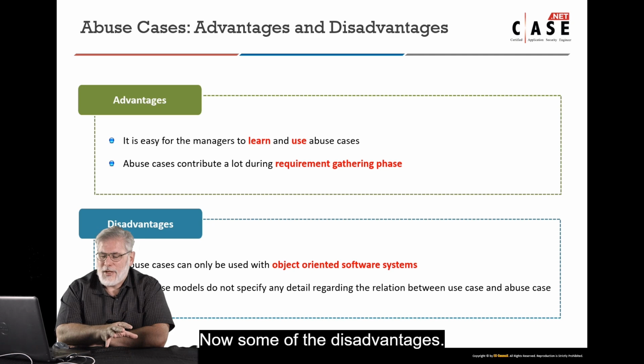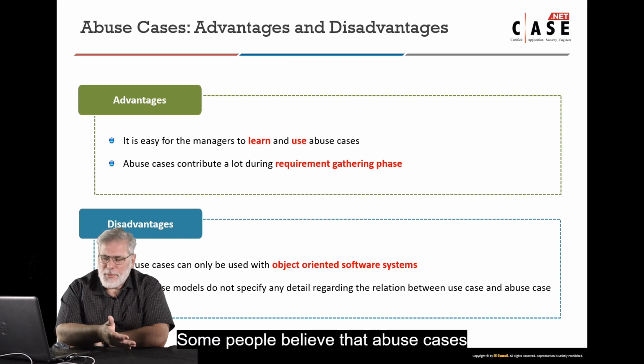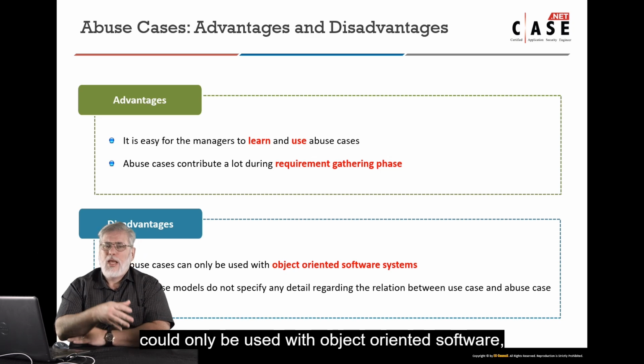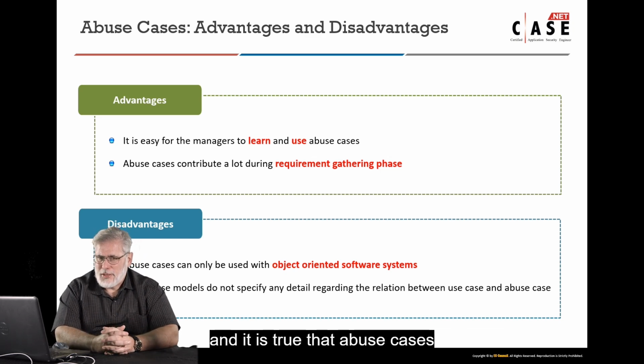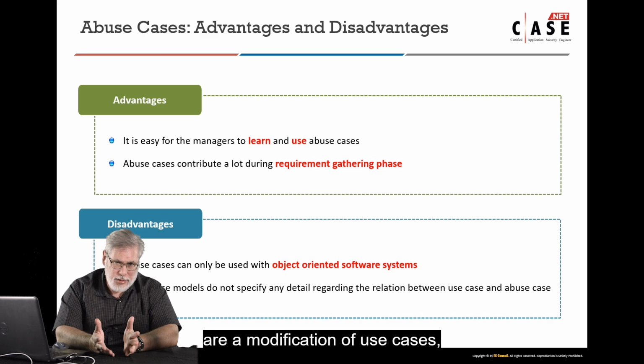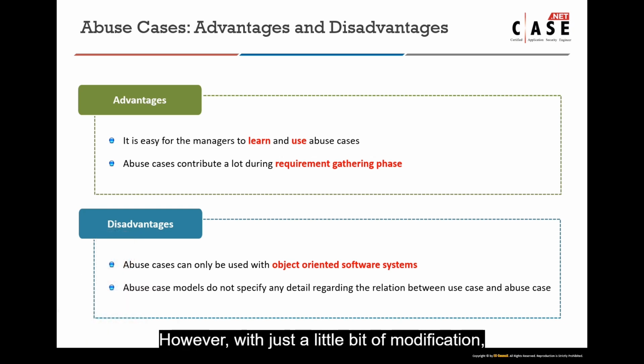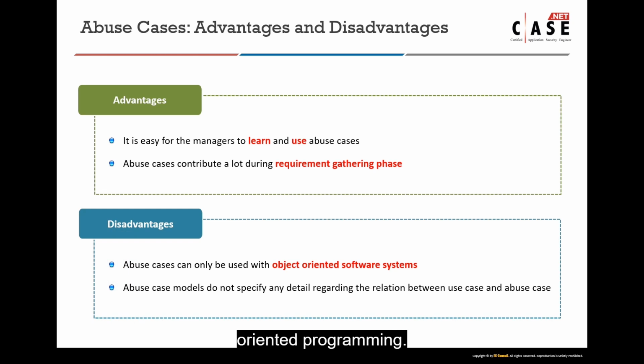Now, some of the disadvantages. Some people believe that abuse cases can only be used with object-oriented software. And it is true that abuse cases are a modification of use cases, which are a type of UML diagram which is designed specifically for object-oriented programming. However, with just a little bit of modification, you can use abuse cases with non-object-oriented programming.